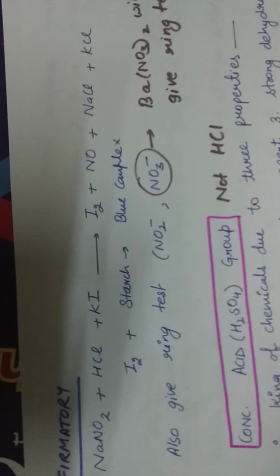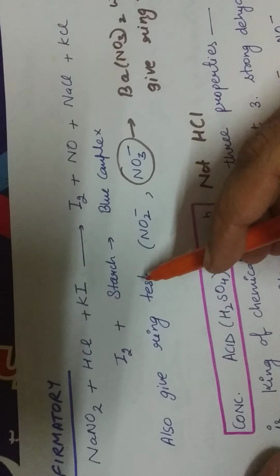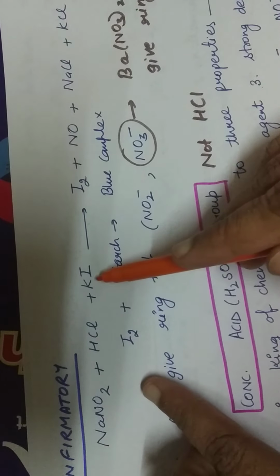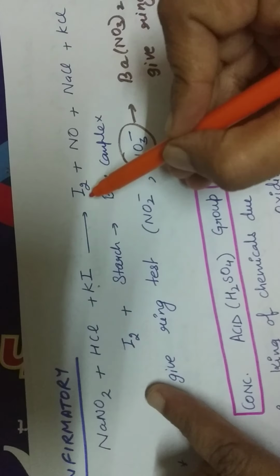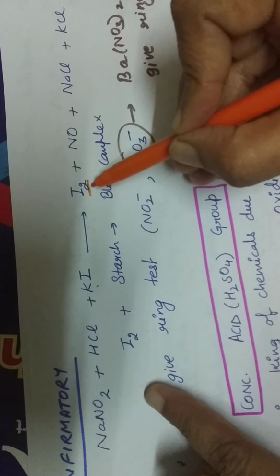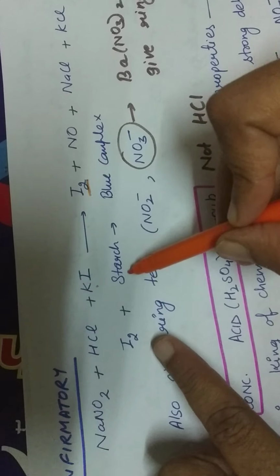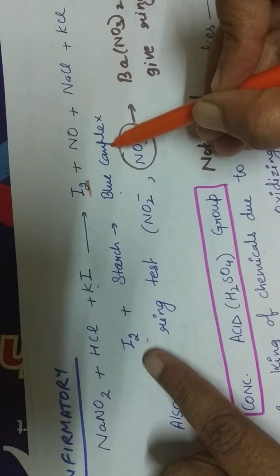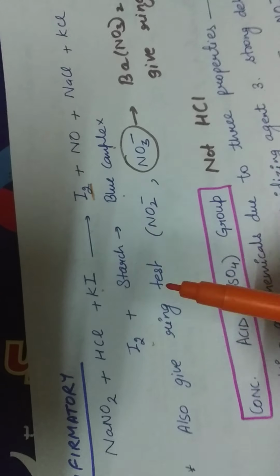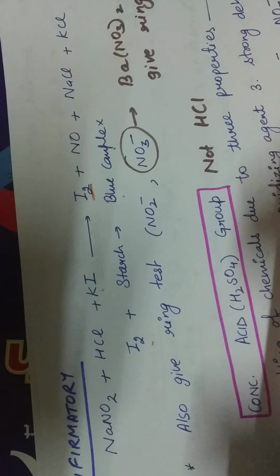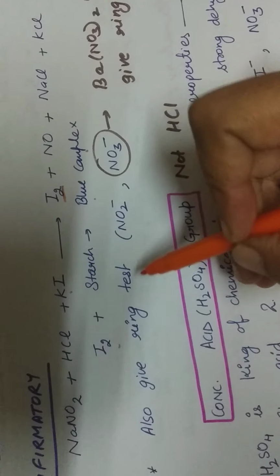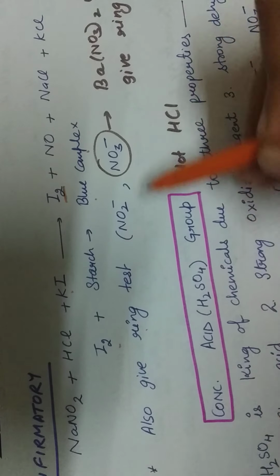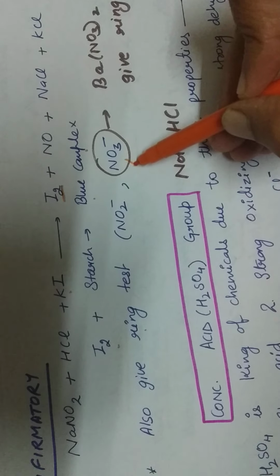Now for the confirmatory test, we can carry out the starch iodide test. First the potassium iodide solution liberates iodine, and you know that starch with iodine reacts to form a blue colored complex. So that will indicate the presence of the nitrite ion. Then it will also give the ring test that we will do for the nitrate radical.